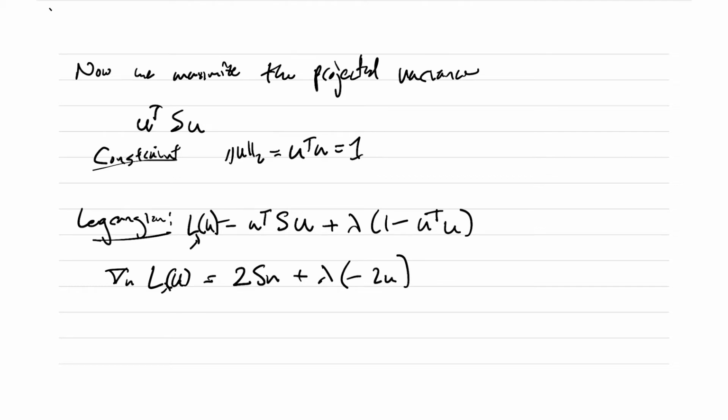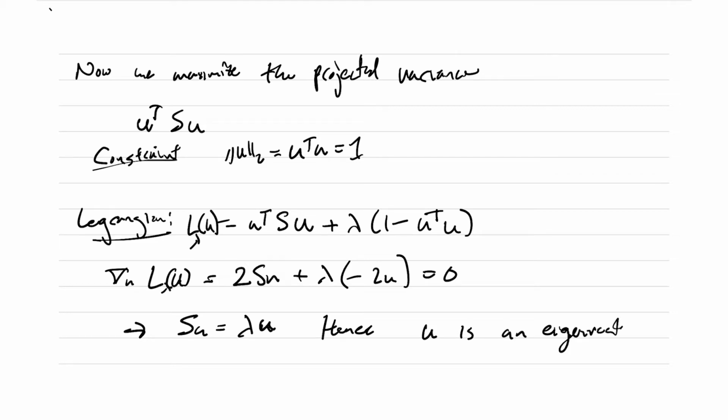And then if we set this equal to 0 to solve the optimization problem, we have Su is equal to lambda times u. And hence u is an eigenvector for S, with eigenvalue lambda.